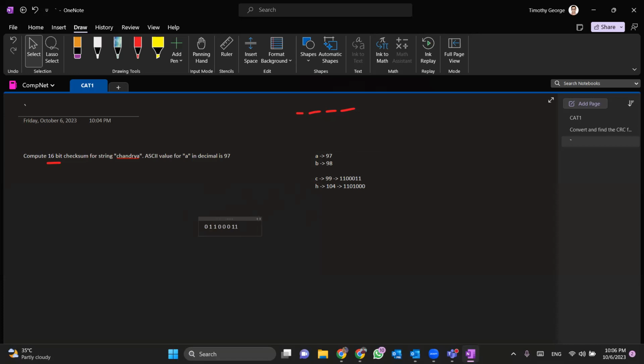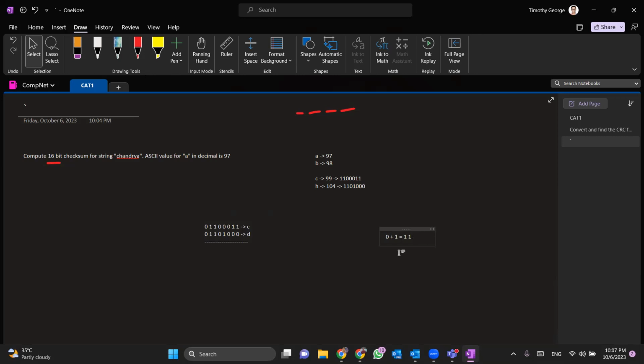That was the value of C, and this is the value for H. What you need to do is add, so you should know the rules of addition.